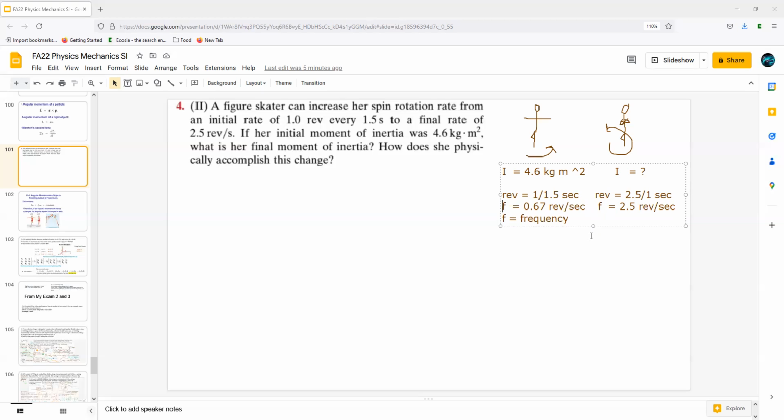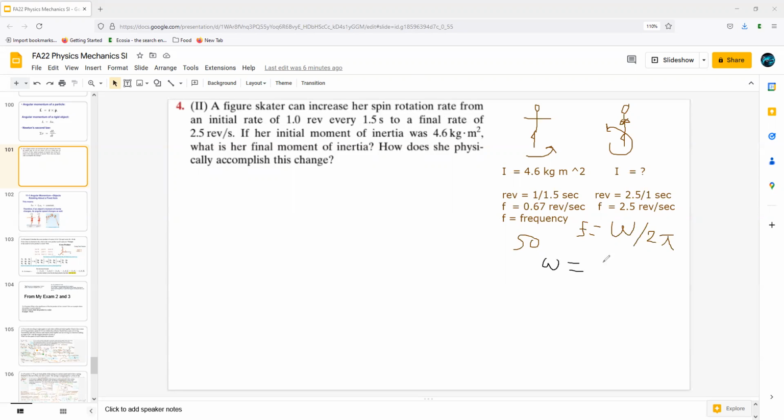So then we can relate that to the omega. Because if I remember correctly, frequency is equal to omega over 2 pi. So omega, I'll do this one in a different color, in black.